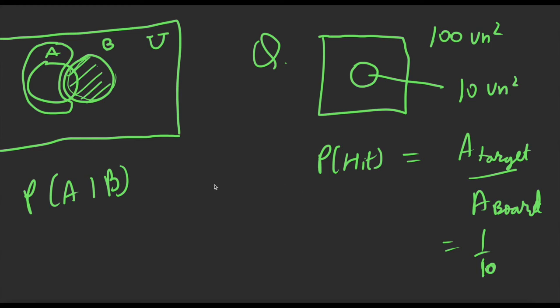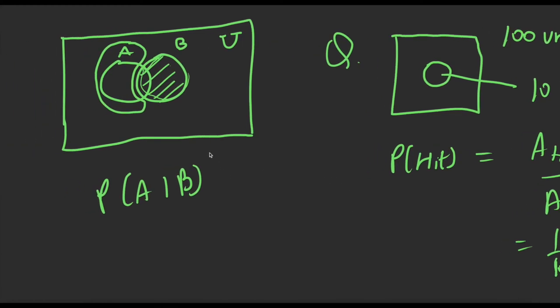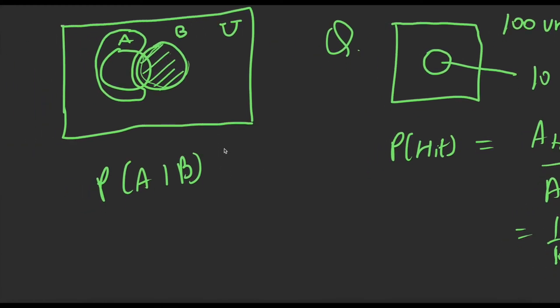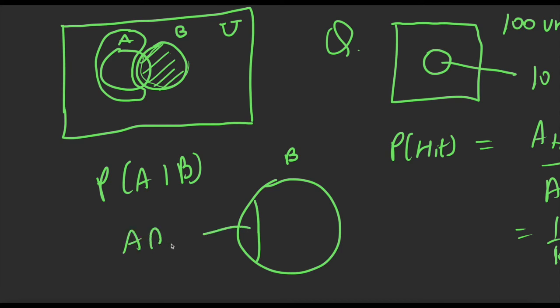That is a similar idea to what I'm going to use here. Now you know that B has occurred, so all the possible values which can occur are in B. So this is the new universal set, which is B, and this is the tiny part of A which can occur, which is A intersection B, the part where A and B intersect.